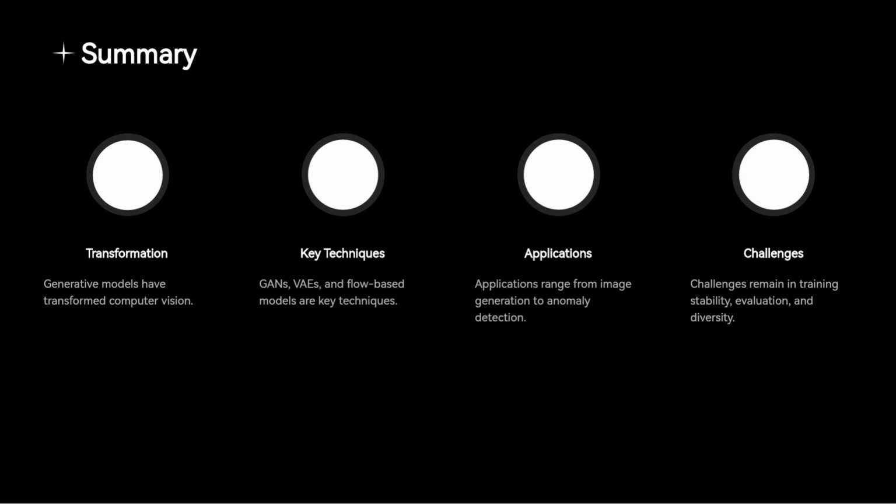While these models have opened up exciting new possibilities, challenges like mode collapse, evaluation, and training instability remain significant. However, as research continues and new techniques emerge, generative models will become even more robust, efficient, and applicable to a wide range of real-world problems.